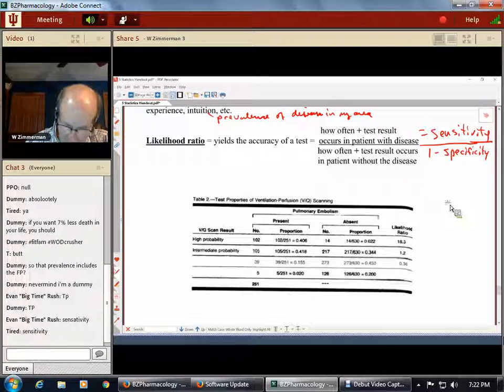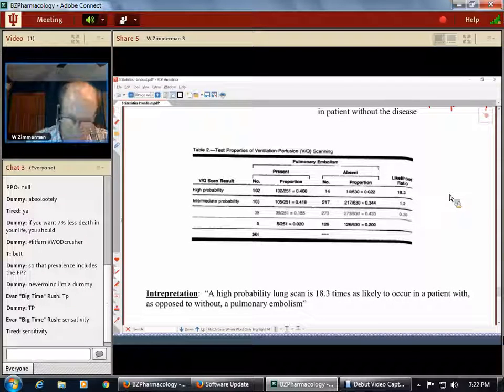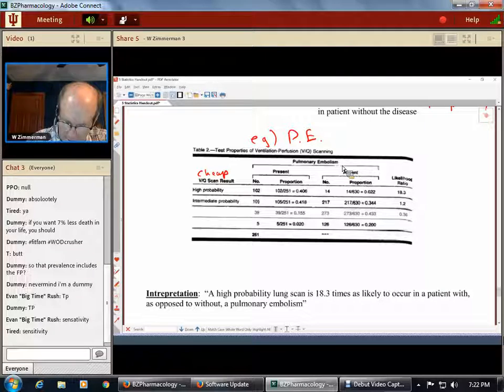All right, I want to look at an example where we're looking for a pulmonary embolism. We've got our cheap scan result, and we've also got pulmonary embolism determined by an angiogram, which equals our gold standard.